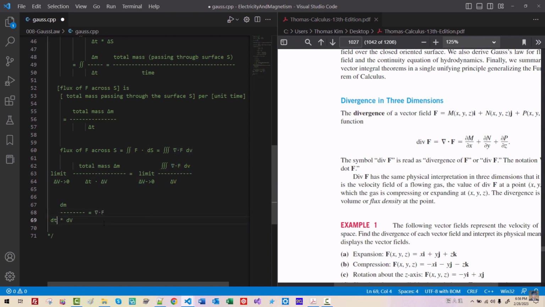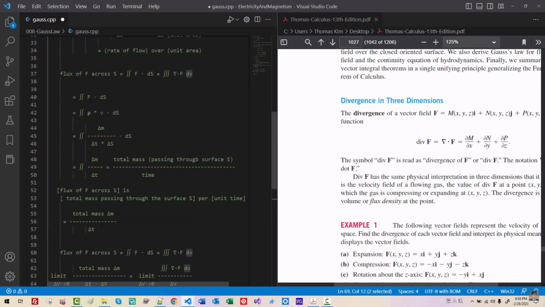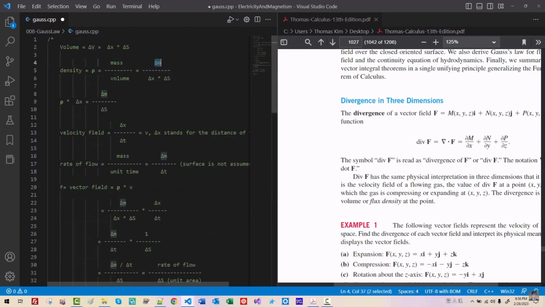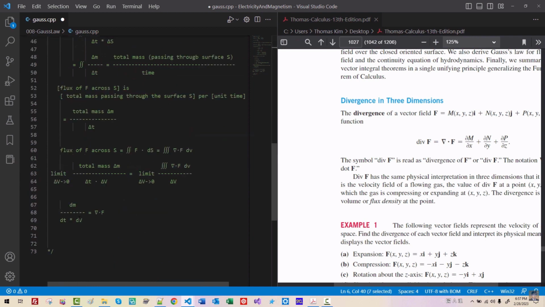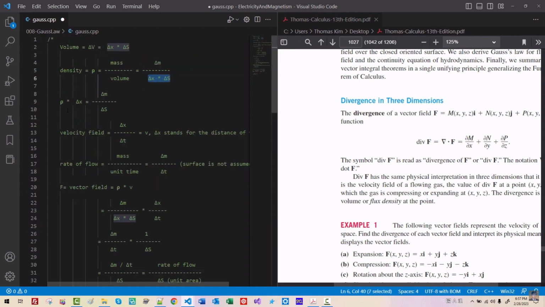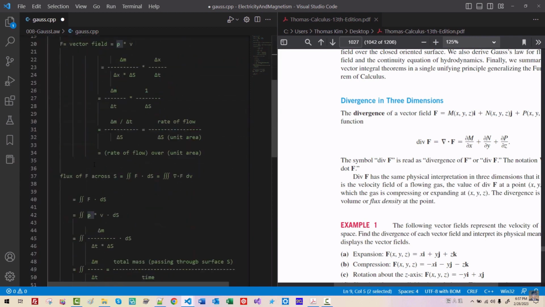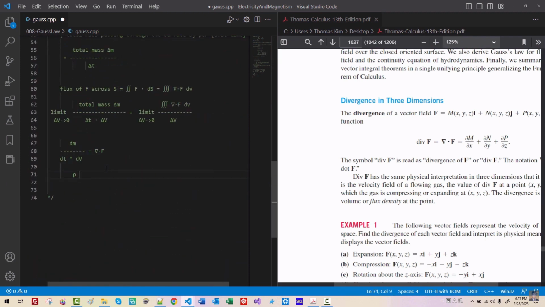Now dm over dv, scroll up, mass delta m, this is delta v. So delta m over delta v is a mass density. So I can say density over dt equals divergence F.